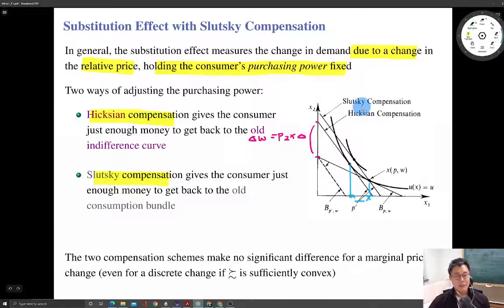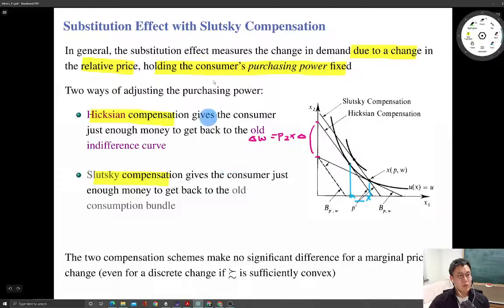But in the case of Slutsky compensation, we adjust the income so that the consumer can afford the previous optimal bundle. So we adjust the consumer's income further. The new budget line is now passing through the original bundle, so the previous optimal bundle is on the budget line. That means it is now affordable.